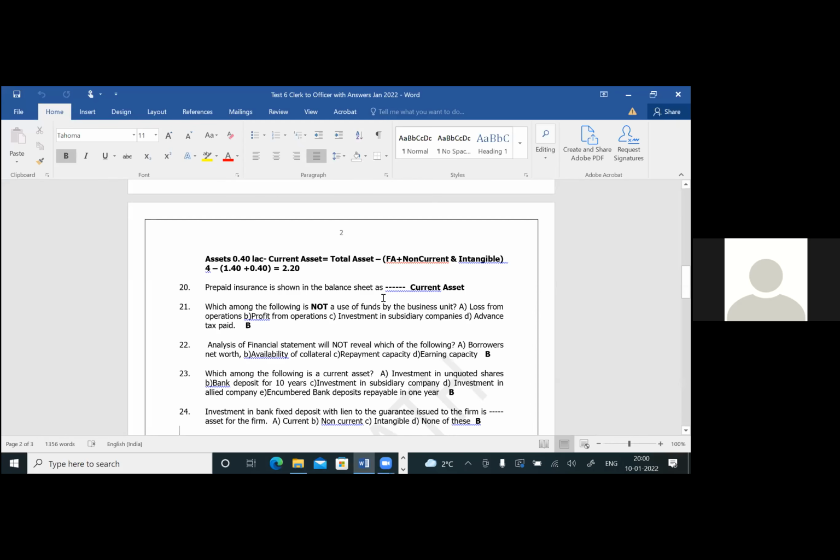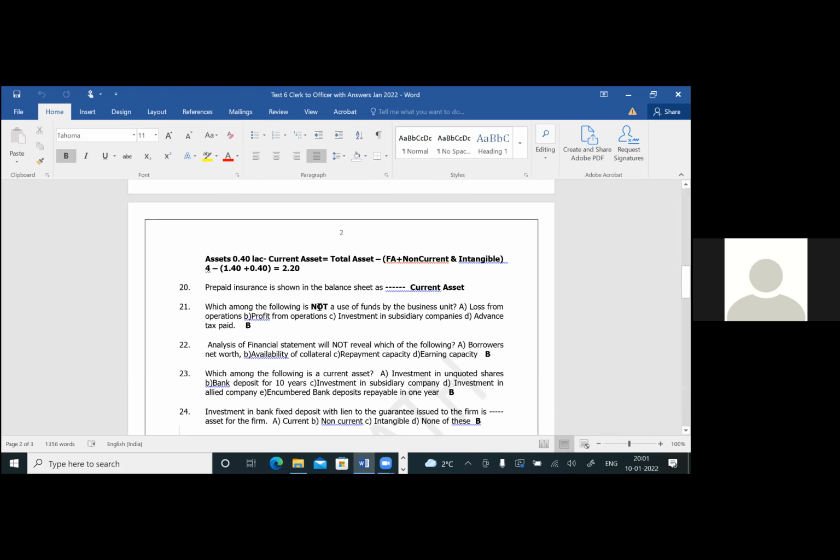Very simple. Loss from operation, whether it is asset or liability, sir? Loss from operation is accumulated loss. That is an intangible asset, which is a use. So the question is which is not a use. So A is not correct.